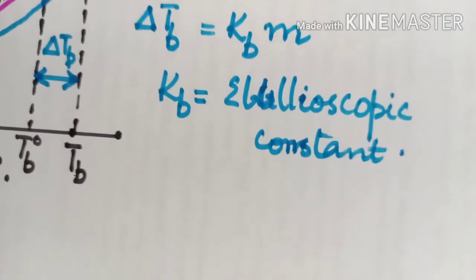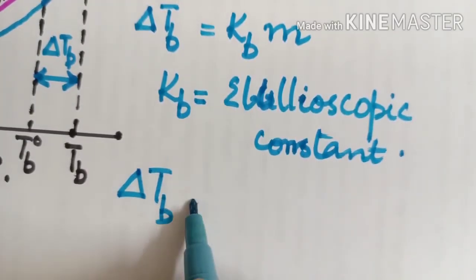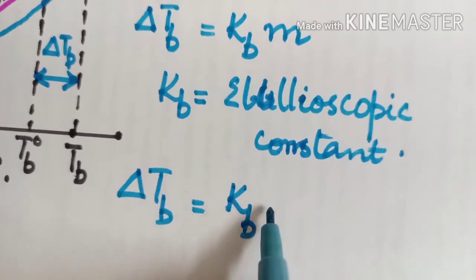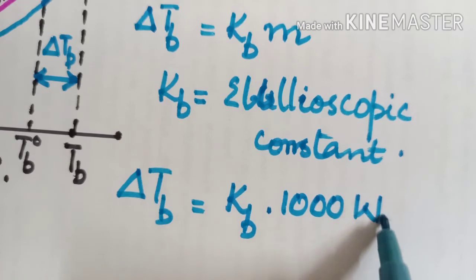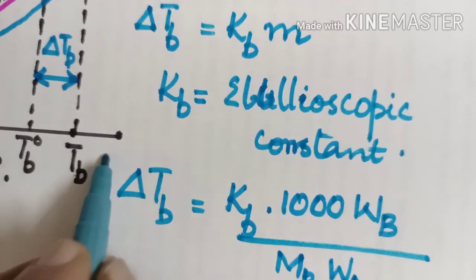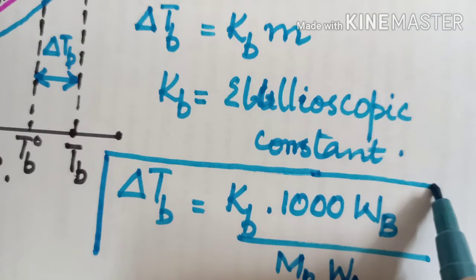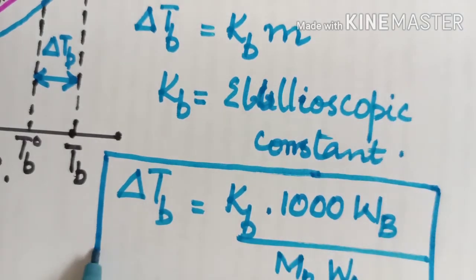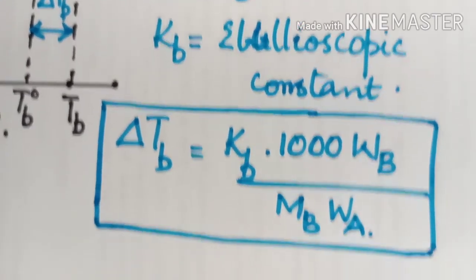Now, what is the value for m? We know that delta TB is equal to Kb into m, which is 1000 WB by MB into WA. So this expression helps to understand the change in the boiling point when a non-volatile solute is added to the solvent.